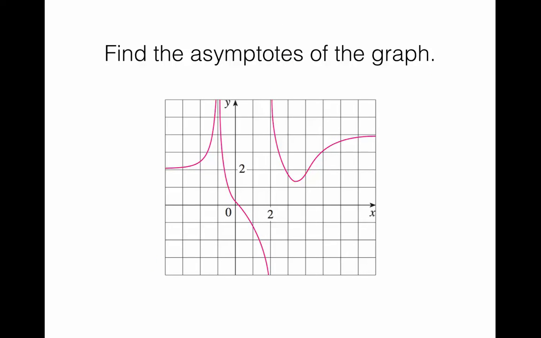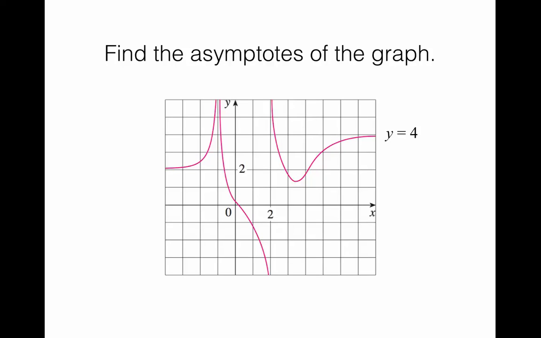Consider the following graph. Let's identify the asymptotes, both the horizontal and vertical asymptotes of this graph. The horizontal asymptotes occur when x gets very, very large to the right or to the left. In other words, as x goes to infinity or as x goes to negative infinity. Look at the behavior of the graph to the right. As x gets very, very large, it appears that the function's values are getting closer and closer to height 4.